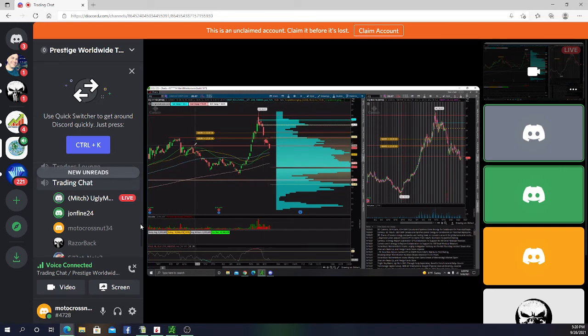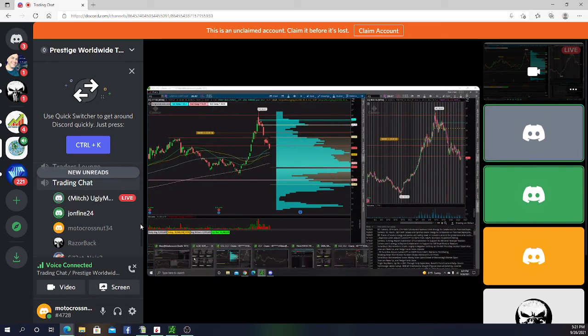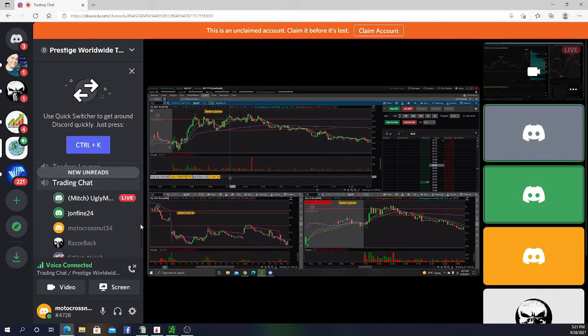So I'd want to see what it does when it tests this level, which was support here, was resistance here. Ergo, lots of stakeholders involved on this price level, like we mentioned before. So when it comes up and it does test it on September 22nd, we watch what it does and we see some confirmation and we make our plays accordingly.